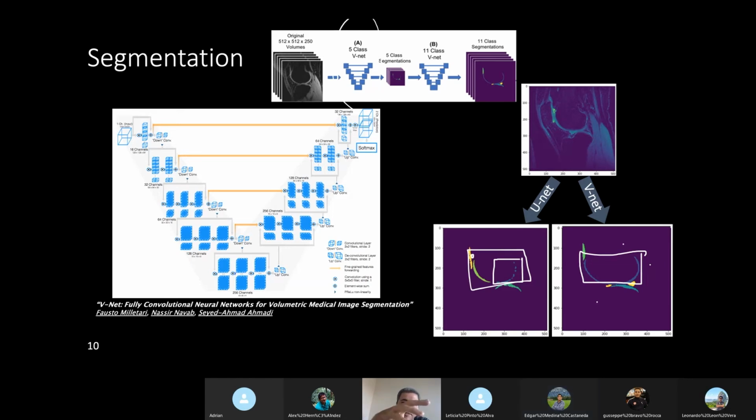I trained 5 classes, and I use the results of the 5 classes as a second channel to train the second VNET. So the first VNET is single channel, image in, segmentation out, and the second VNET is two channels, one for the image and one for the segmentation, and it gives me the 11 class, fine-grained segmentation in the output.